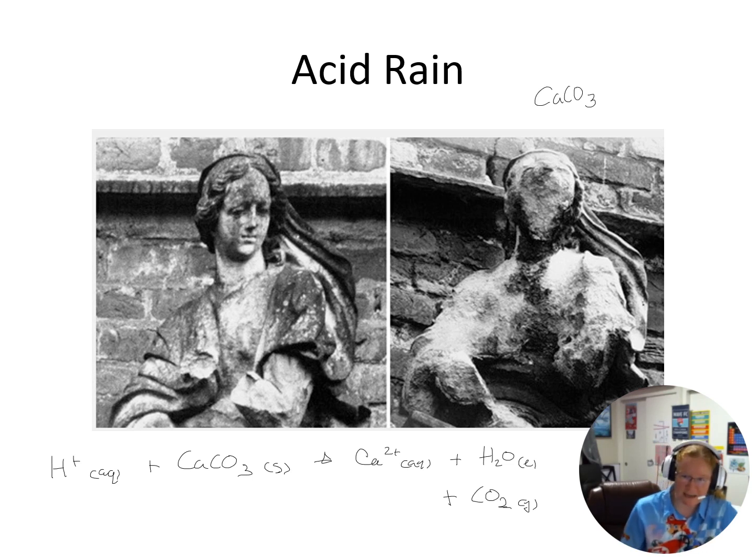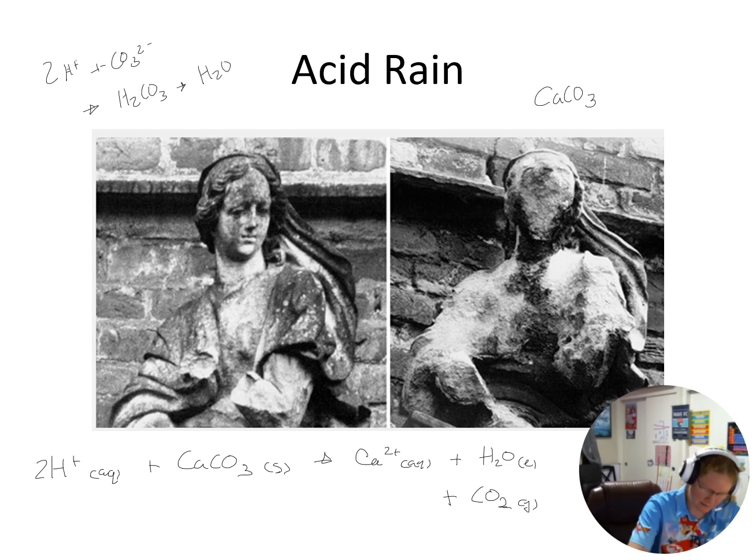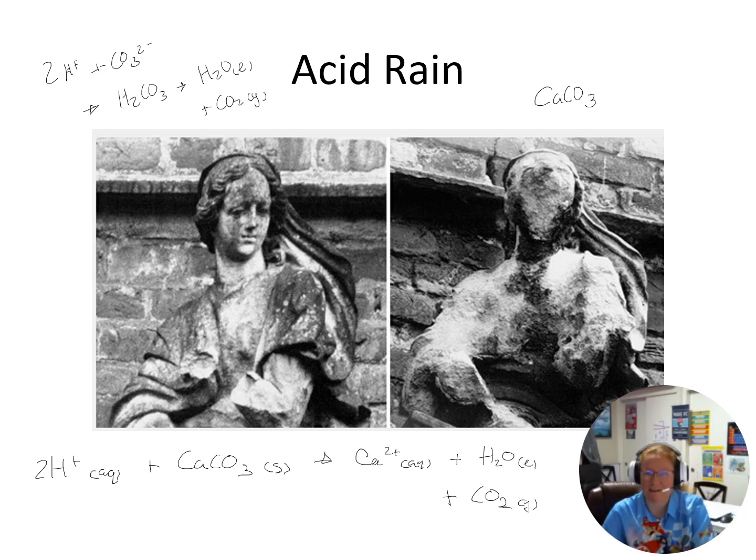Because this H plus ion, and I actually will need two of them, if I have a proton and I have carbonate, what I get is carbonic acid. Carbonic acid is unstable, and as soon as it forms, we get water and carbon dioxide gas.